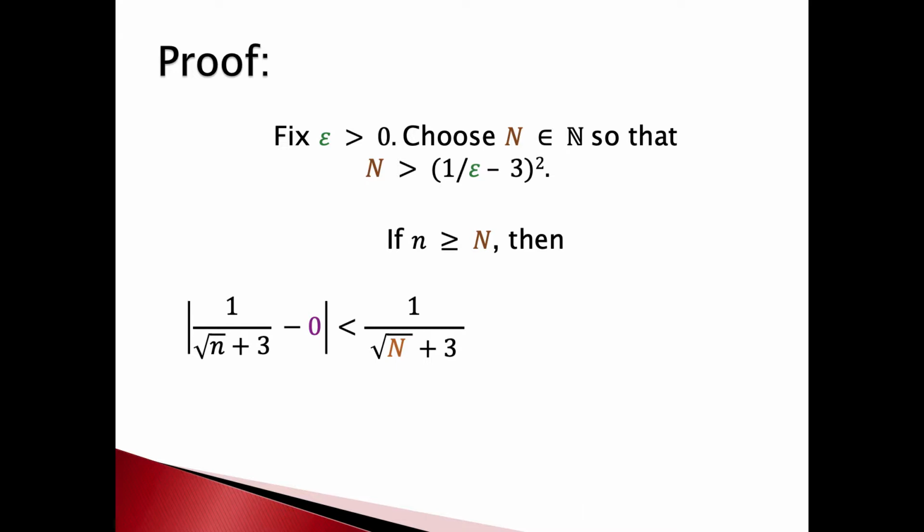On the right hand side, I've replaced the little n with a capital N. Now, in doing so, what I'm taking the square root of just got smaller, right? Because little n was actually bigger than the capital N. So what I'm taking the square root of got smaller. Well, that means that what's in the denominator got smaller.